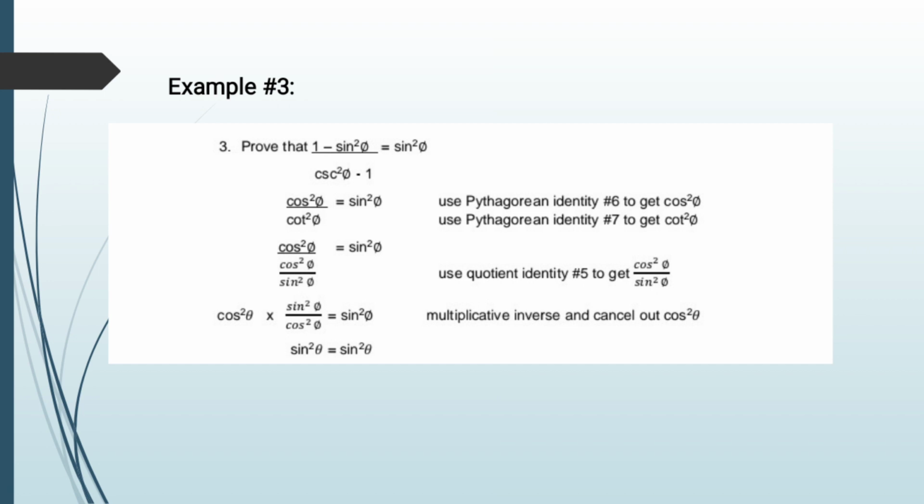So cosine squared empty set times sine squared empty set over cosine squared empty set equals sine squared empty set. So you use multiplicative inverse and cancel out cosine squared empty set. So what remains is sine squared empty set and sine squared empty set.